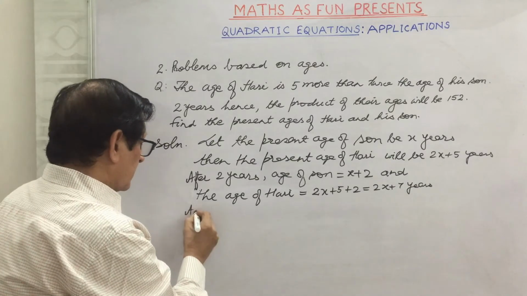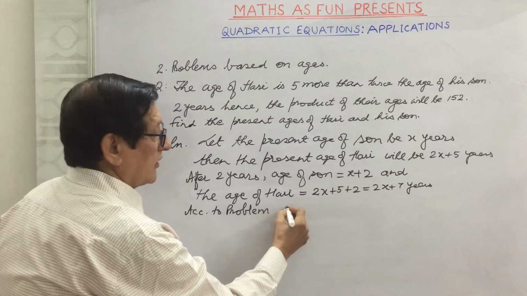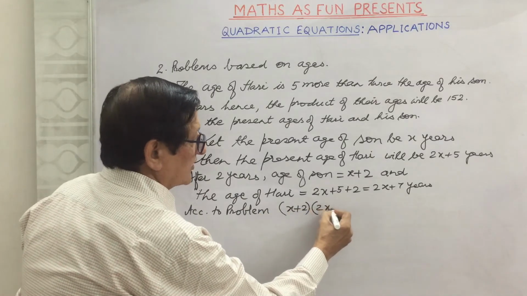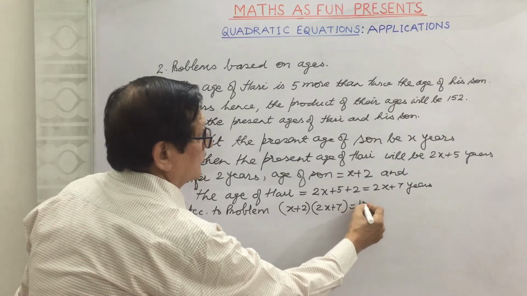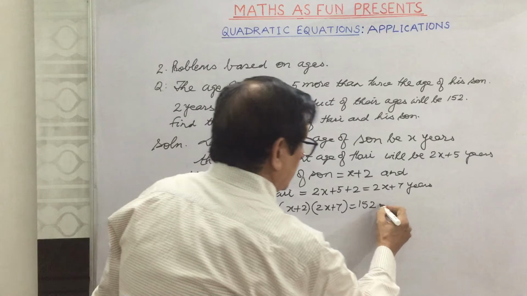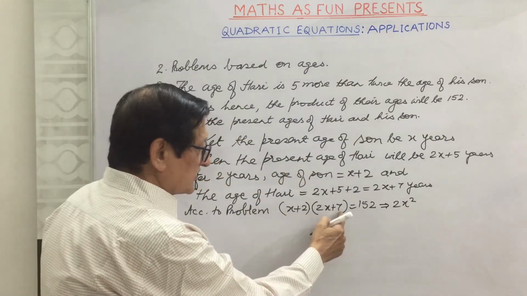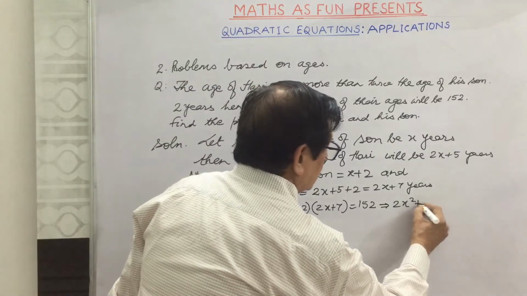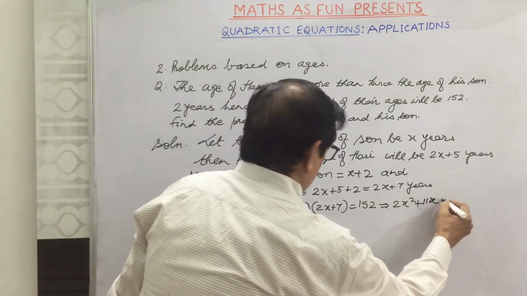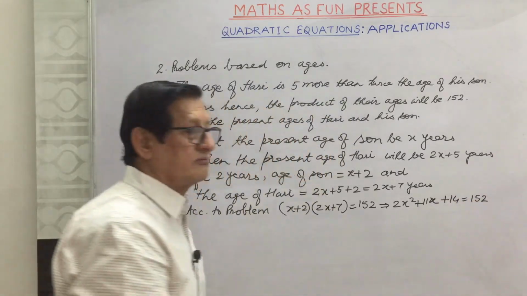So we write, according to the problem, x plus 2 into 2x plus 7 is equal to 152. When we multiply them and simplify, we get 2x square plus 7x plus 4x, that makes plus 11x, plus 14 is equal to 152.